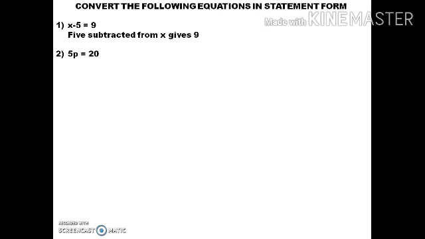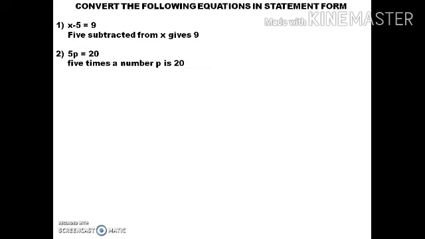Or you can write it as 5 times a number p is 20. Yesterday you learned the word times means multiplication. So how can you write 5p equal to 20? You can write it as 5 times a number p is 20. Or simply you can write 5 multiplied by p gives you 20.